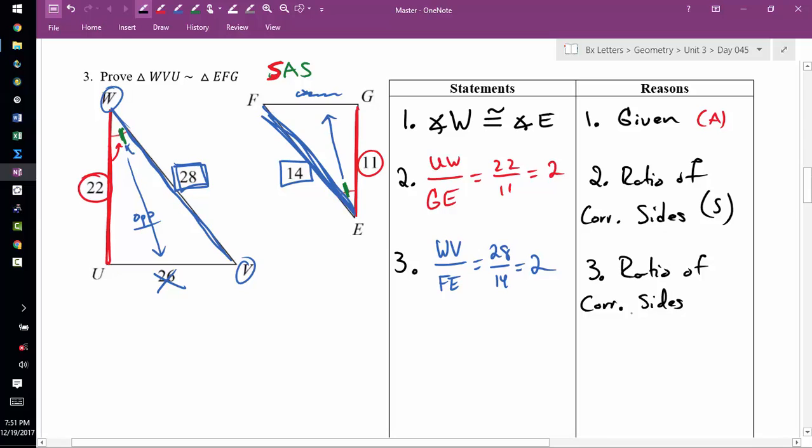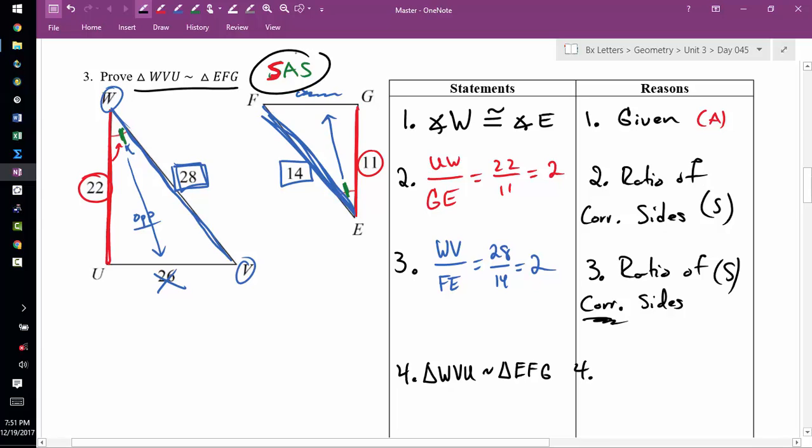You can kind of cheat by just abbreviating corresponding. And then that's another side. Last but not least, 4, I'm ready to state my claim that they asked me to prove. I'm ready to say triangle WVU is similar to triangle EFG. And I know the reason is, as we already saw, the side angle side similarity statement.